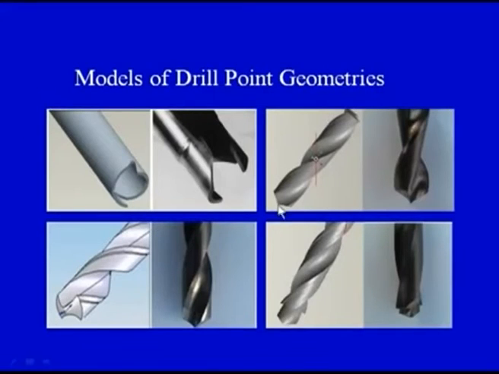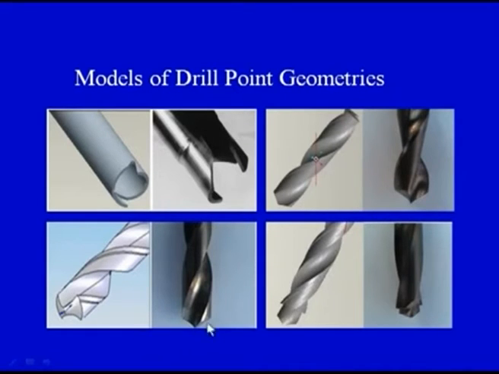So here you can see the models of the various drill point geometries. These are models which can be made in any geometric modeling software. This is one model of a trepanning tool, and this is the actual trepanning tool. This is a parabolic point drill, and here is the software representation, or model, of the parabolic point.